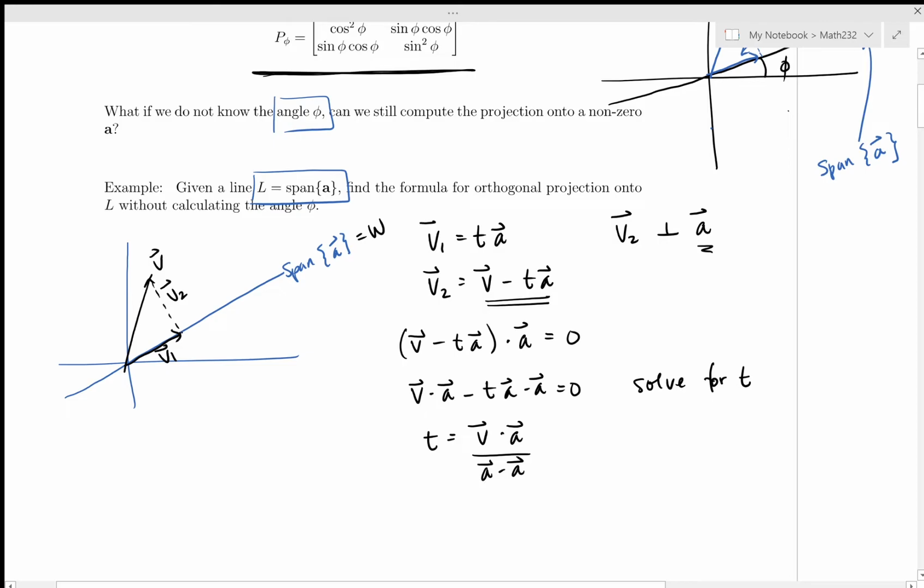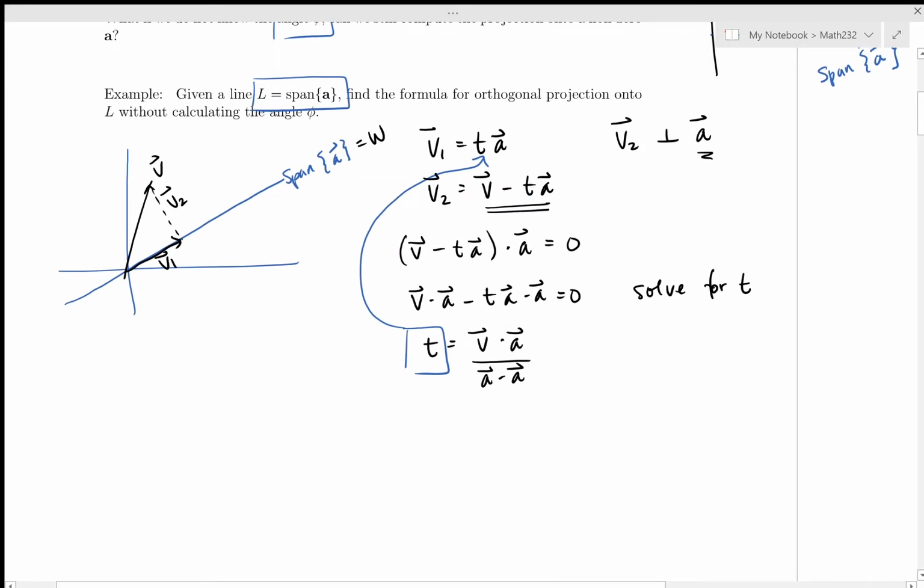That allows me to substitute this value of T in here, because I'm trying to find V1. V1 is equal to T times A, and I've just figured out what T is.